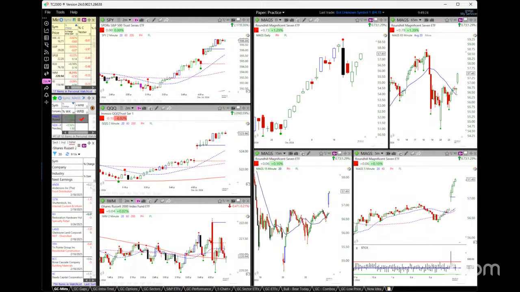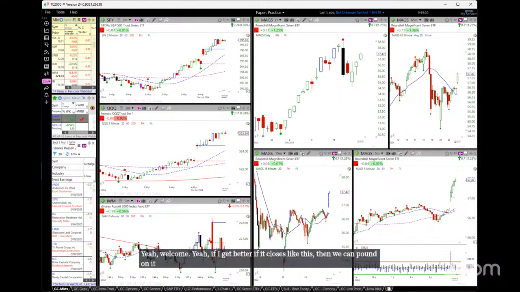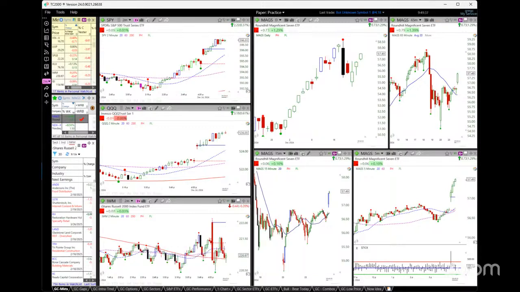Snow, yeah, I get better if it closes like this, and we can pound on it Thursday morning. But yeah, I'll set an alarm. Set it at this eyeball in there, 161.20.